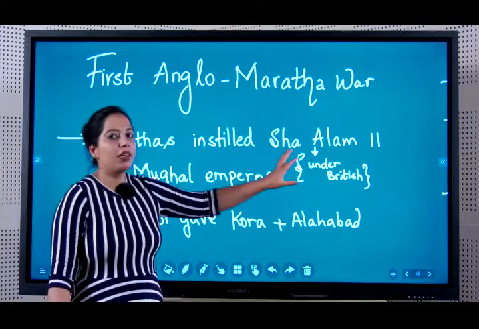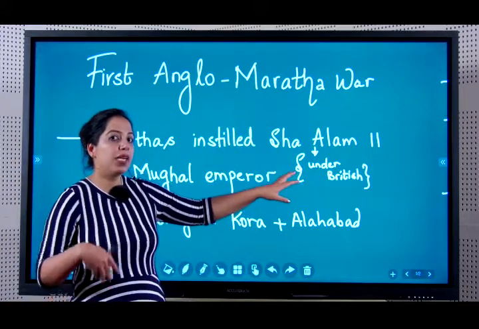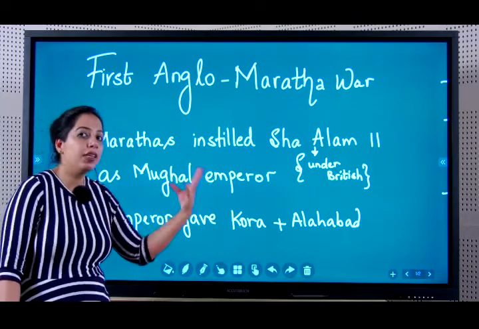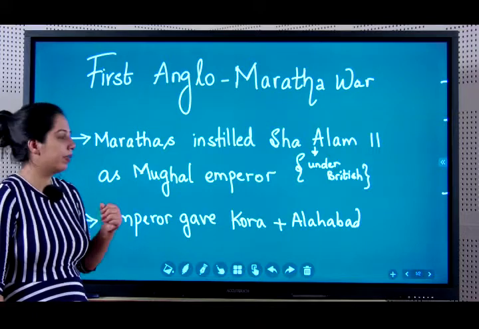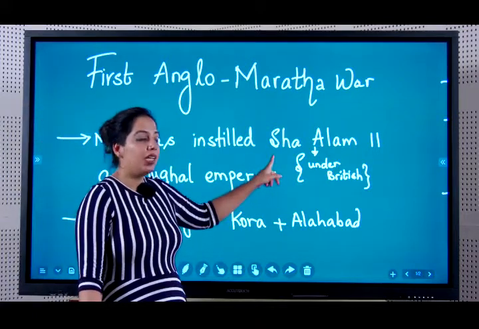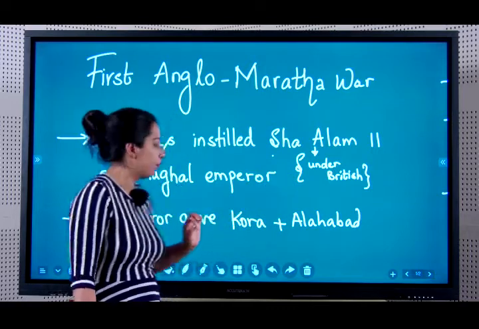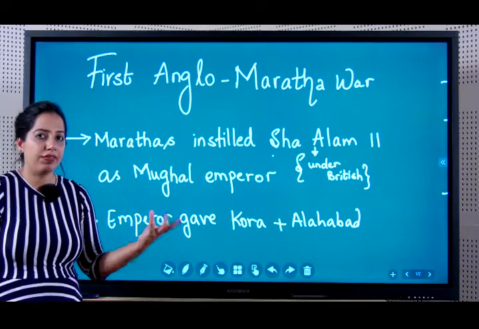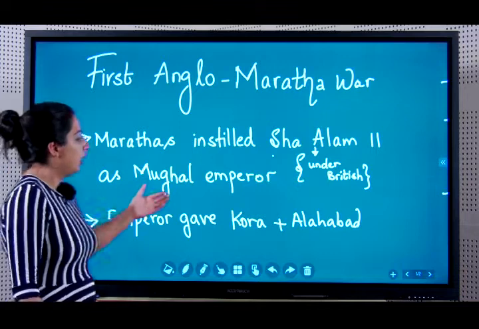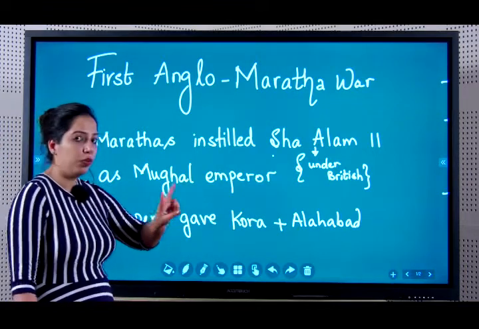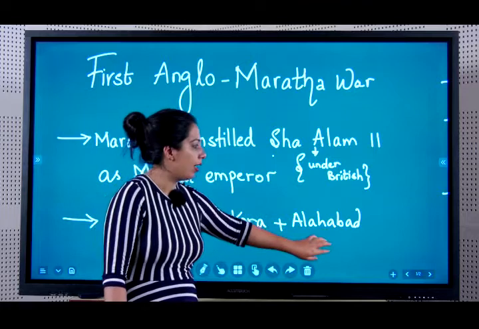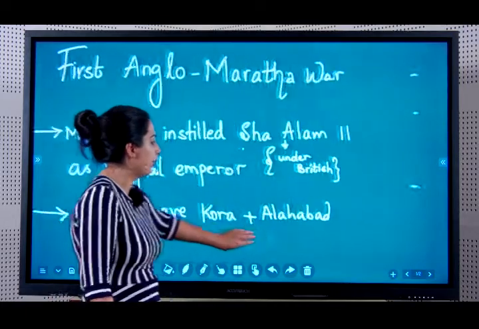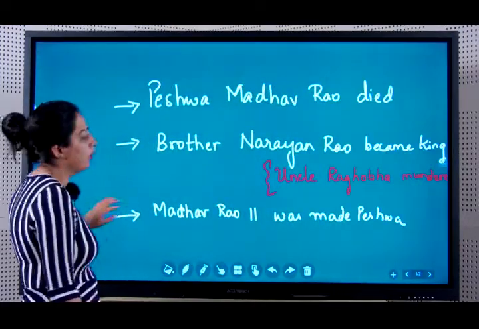The Marathas installed Shah Alam II as the Mughal emperor and gave him respect. But if you remember, Shah Alam II was under the British. Because the Marathas gave Shah Alam II the faith of an emperor, he gave the Marathas two places, Kora and Allahabad. Because of this, the British were very upset.